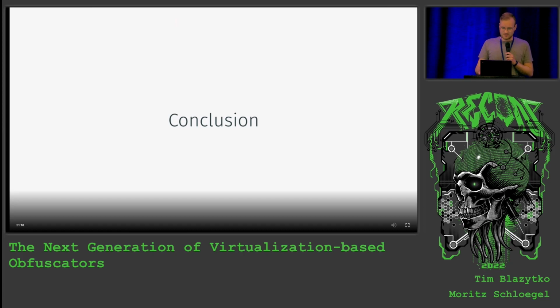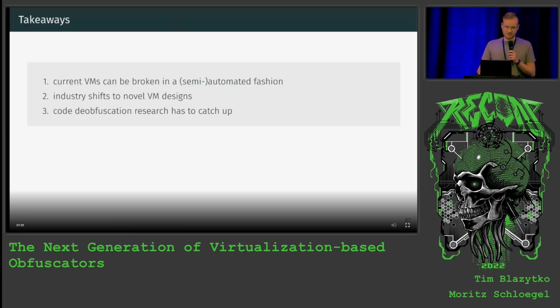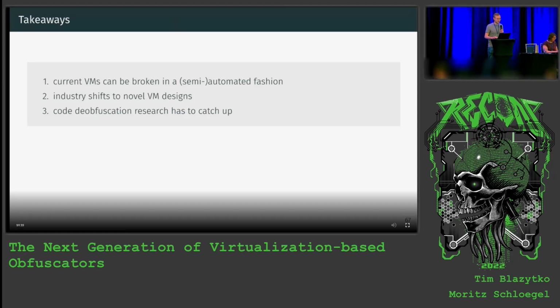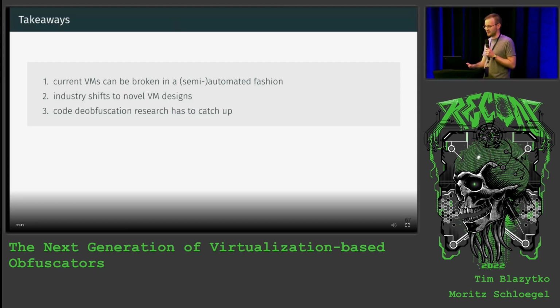All right, so with that said, let me quickly wrap up. We have seen how current VMs can be broken in a quite automated fashion. We have seen where the industry and also academia in turn is moving. We have seen a couple of techniques for hardening these VM handlers and what we've done for Loki.